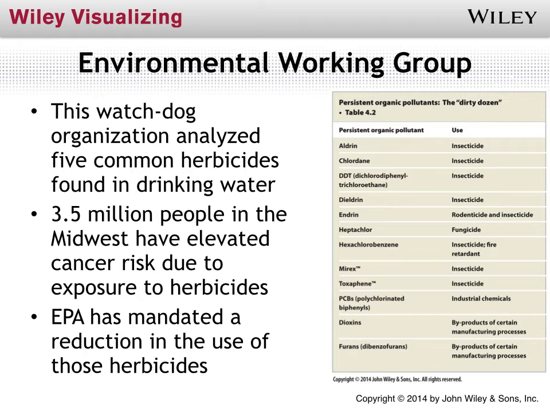The EPA has then mandated a reduction in the use of those particular herbicides that were labeled the dirty dozen, the 12 most toxic chemicals that fit all those criteria for making them bad. Again, that they resist breaking down, they move through the environment quickly, they can accumulate up a food chain.